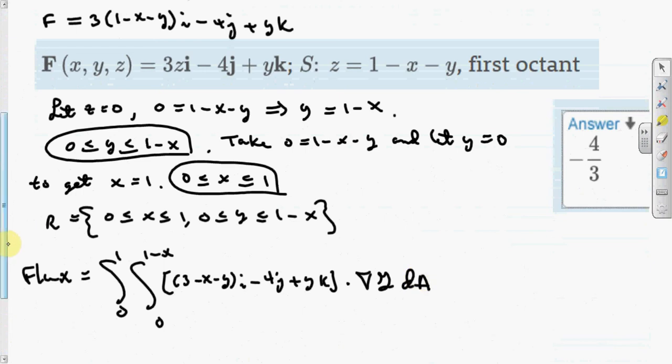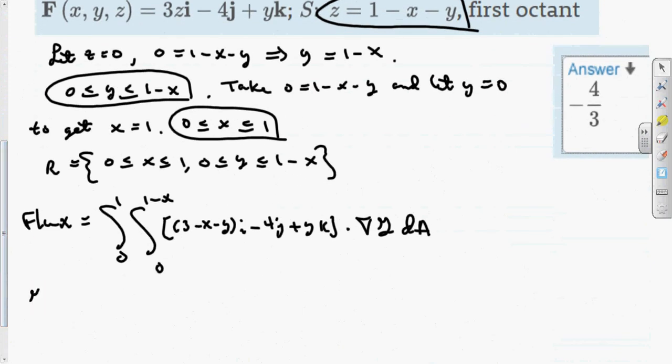So what's the gradient of g? The gradient of g comes from this equation here. Given z is equal to 1 minus x minus y, this implies that capital G, we said, is z minus little g of x, y.